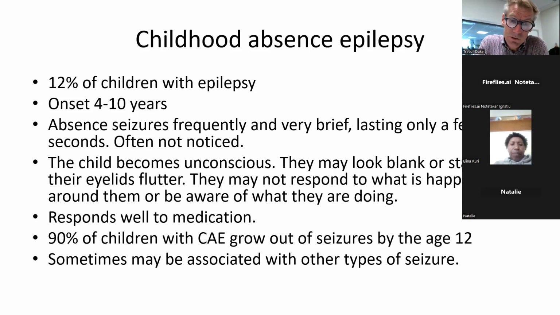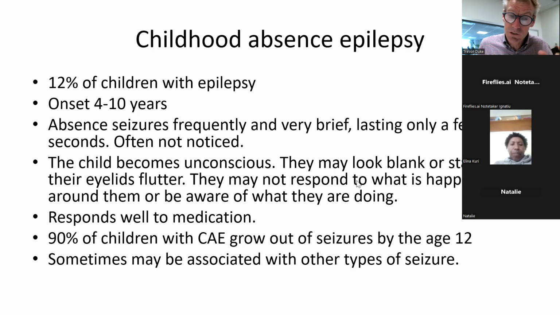They're not usually associated with generalized convulsions, but the child just becomes unconscious. They may be sitting in a classroom and then they may have a blank stare on their face, and they may have a little bit of eyelid flickering or facial twitching, but usually it lasts for just a few seconds, and they won't have any awareness that it's actually happened.